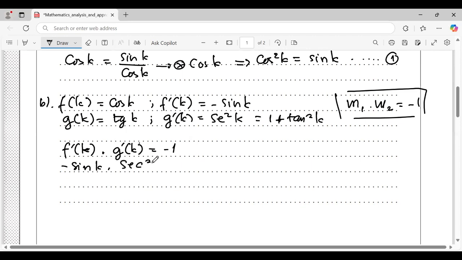So minus sine k times 1 over cosine squared k equals minus 1.